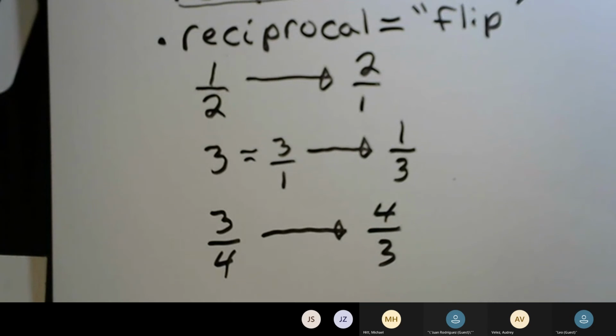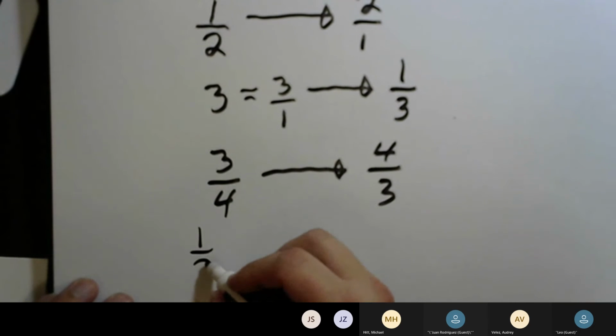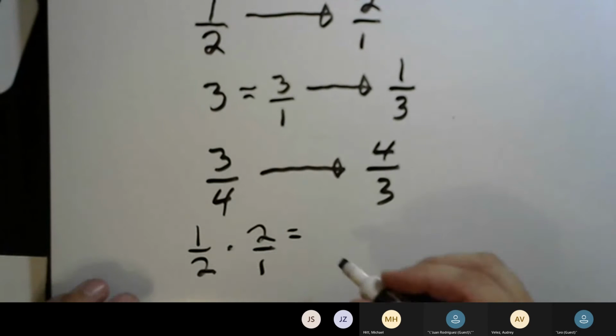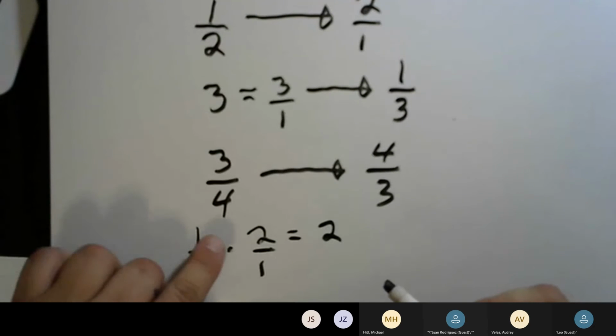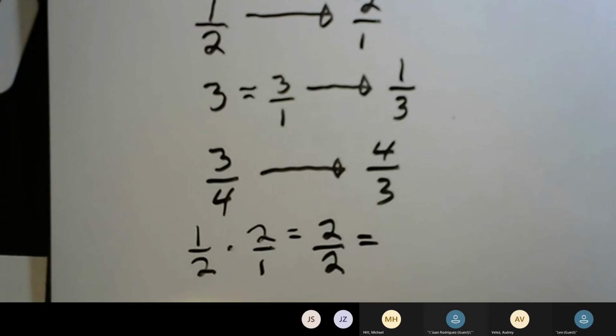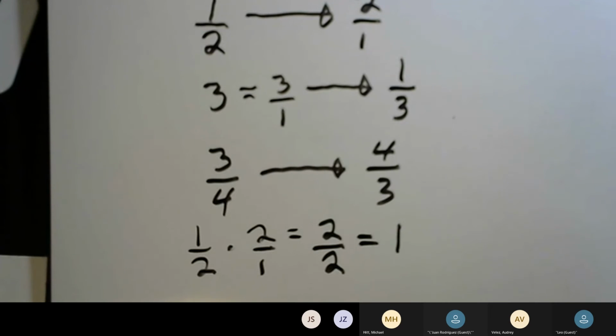So what happens when you multiply a number by its reciprocal? Well, let's take a look. 1/2 times its reciprocal. Well, if we multiply fractions, we get 2 times 1 is 2, 2 times 1 is 2. And sure enough, just like the little trick says, you get 1. Well, okay. And if I'm going too fast, let me know.